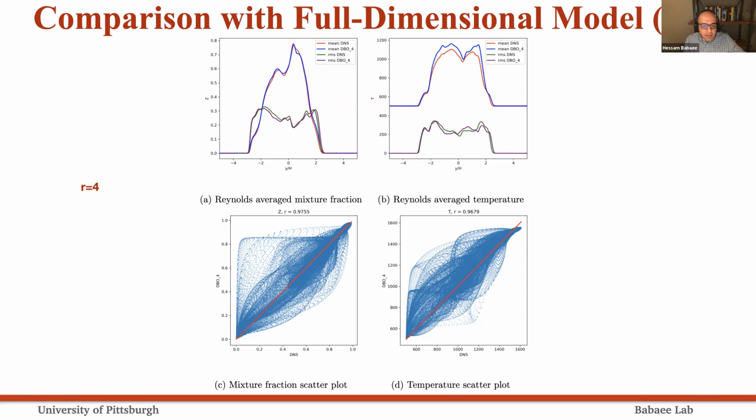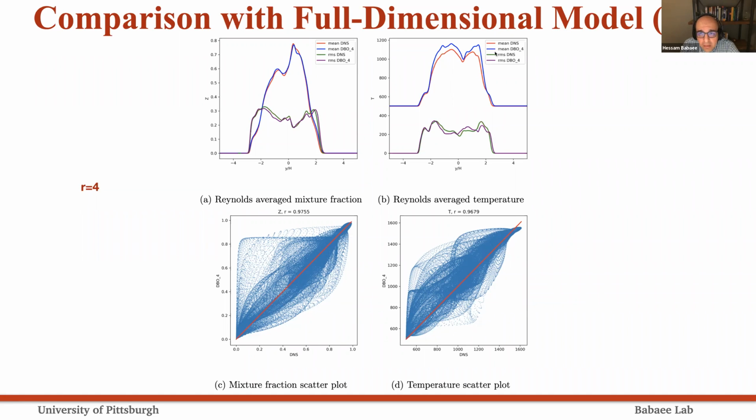We have recently applied this to a more detailed mechanism with 53 species, and we could reduce that with a small number of modes. But here I'm just showing the results for R equals 4. You can see we can do a relatively good approximation of the DNS. This is the mixture fraction comparison with DNS, the mean value and the RMS value.